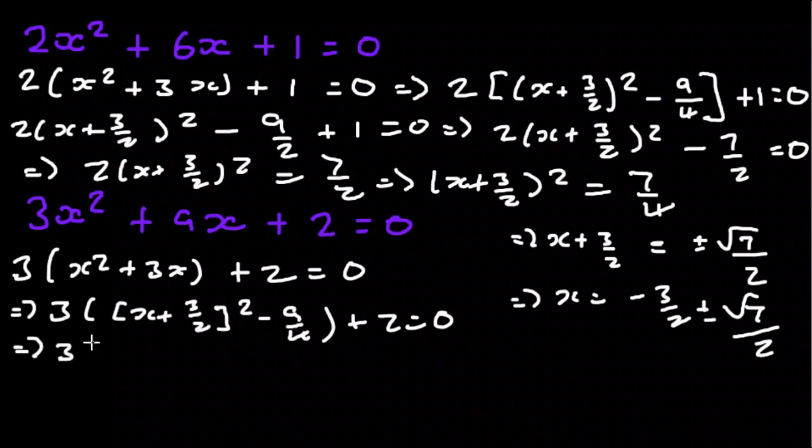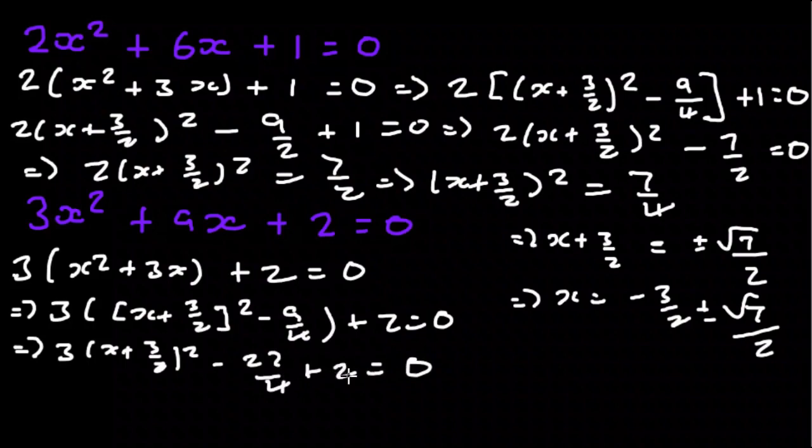Multiplying out implies 3(x plus 3 over 2) squared minus, well, multiplying by 3 doesn't simplify it as nicely, but multiplying the 9 by 3, we get minus 27 over 4 plus 2 is equal to 0.